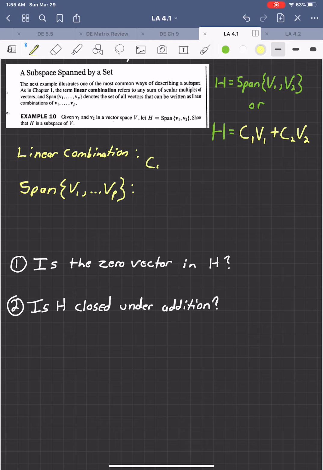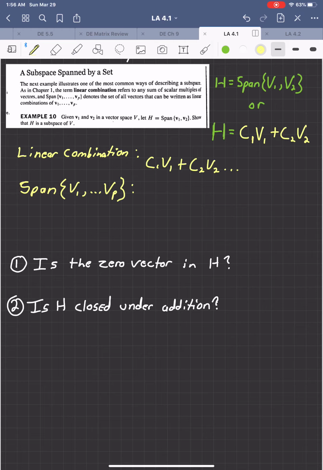So c sub 1 v sub 1 plus c sub 2 v sub 2, and so on for every vector. That's a linear combination. It's just the sum of some vectors that are scaled. Okay?